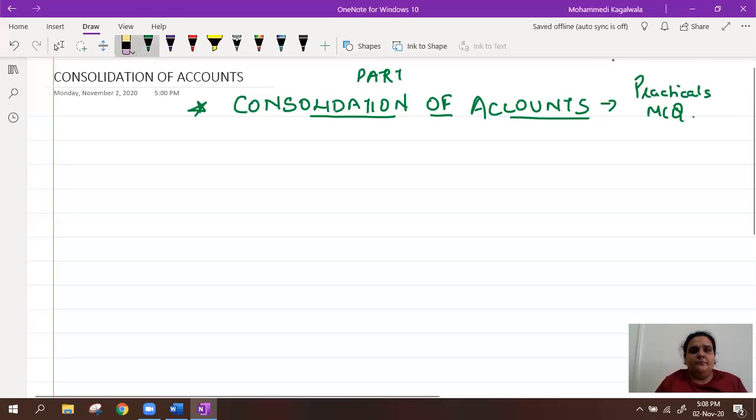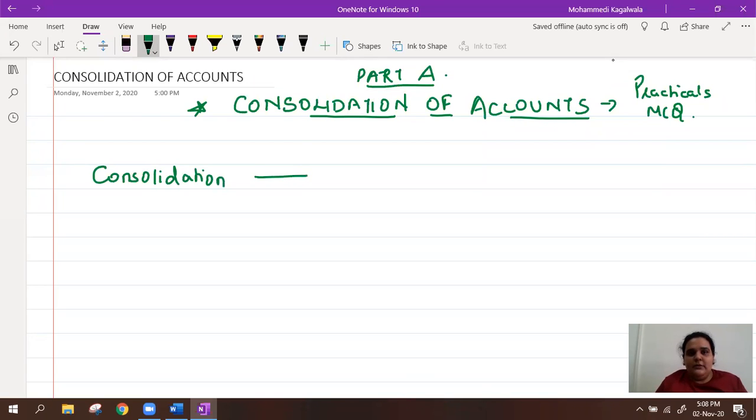Now, I'll make this chapter really simple and really interesting for you all. It's one of the very interesting chapters, one of my favorite chapters. When I'm talking about consolidation, basically I'm talking about two balance sheets and two P&Ls added together.